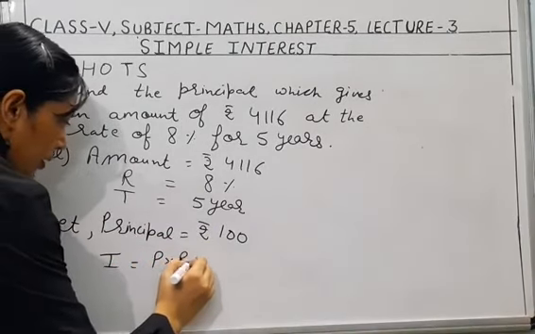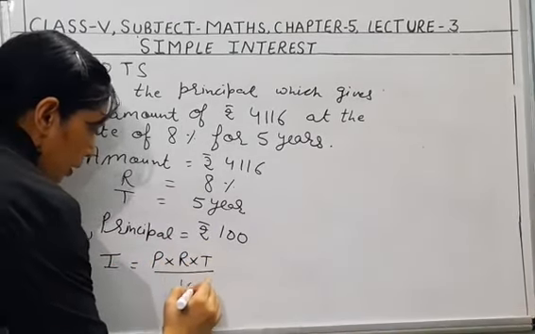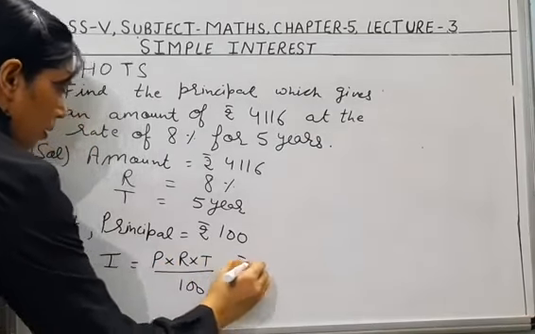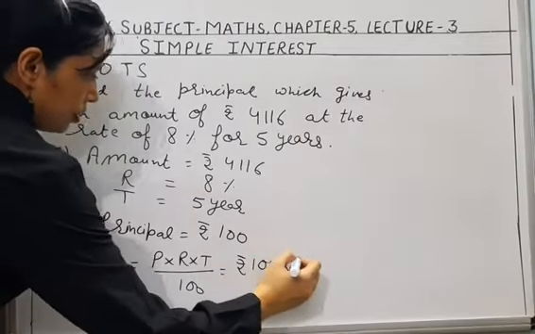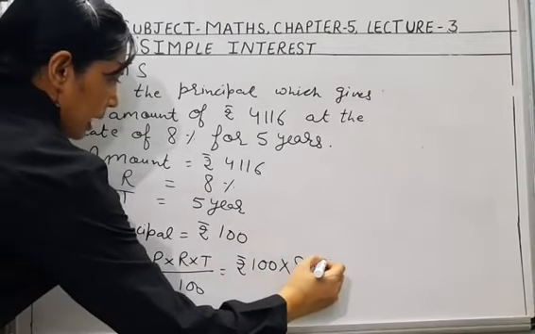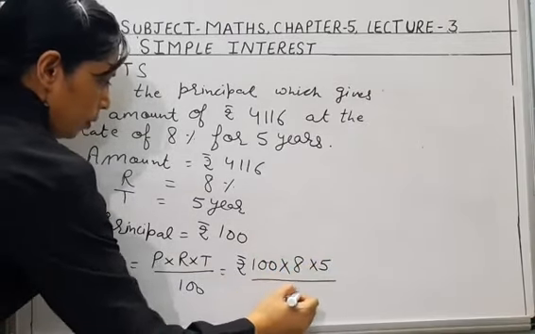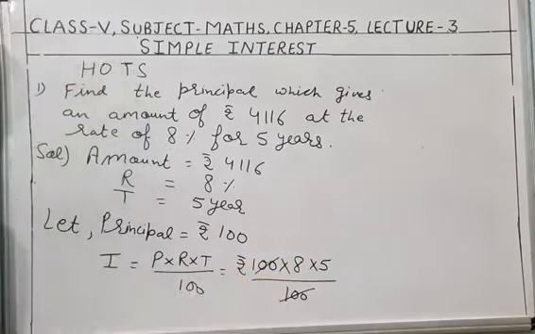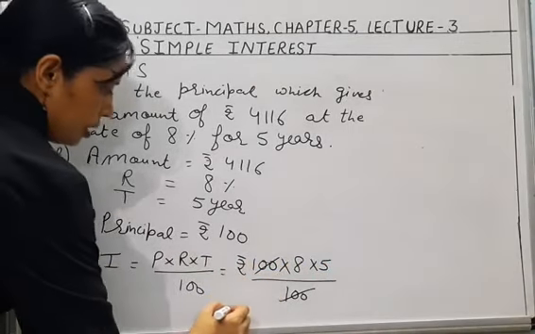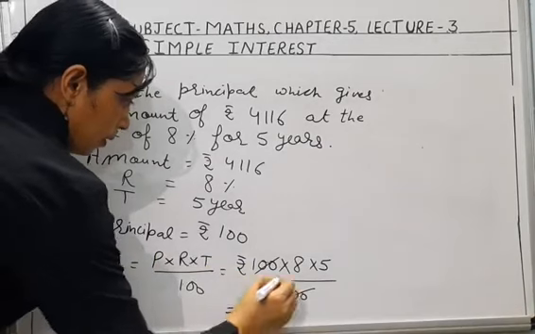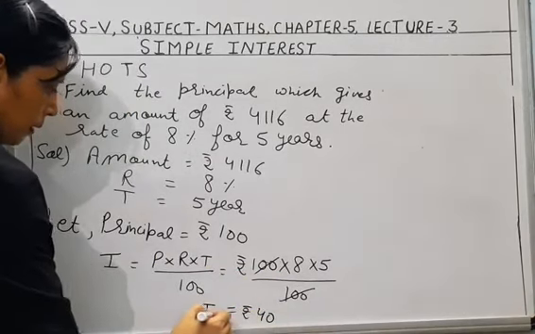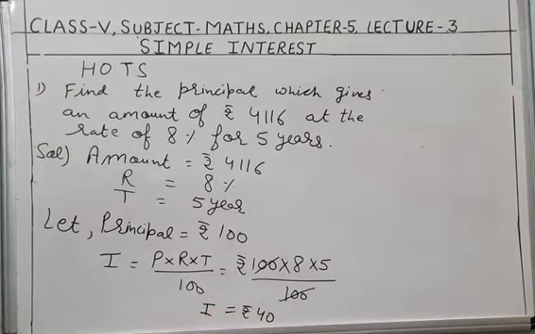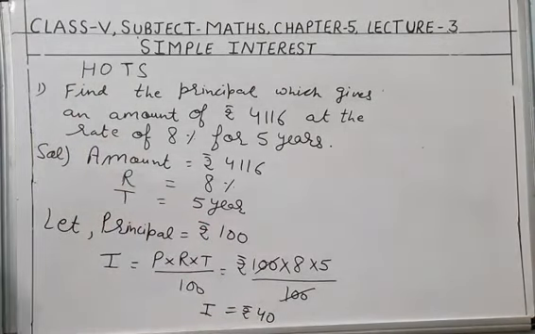P into R into T upon 100. Principal is now 100 rupees. Rate 8% per annum. Time 5 years upon 100. 100 cancel. So interest is equal to rupees 40. 8 5s are 40. If our principal is 100 rupees, then interest is rupees 40.